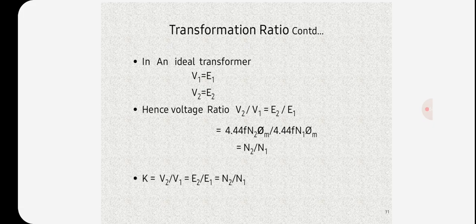So from here the transformation ratio value K is equal to V2 by V1, that is equal to E2 by E1, that is equal to N2 by N1.